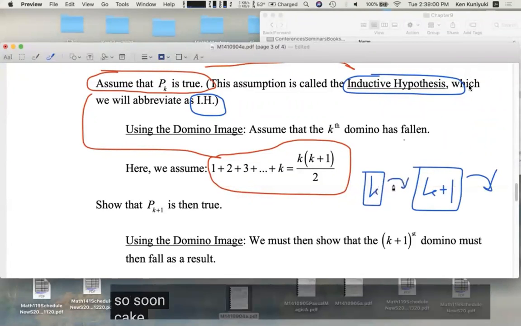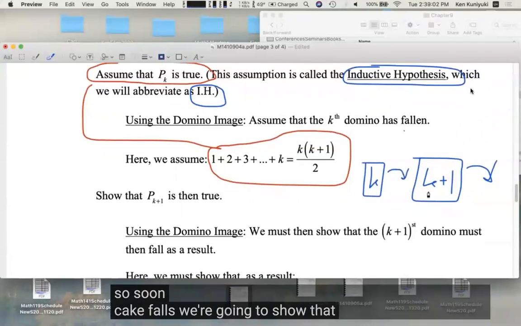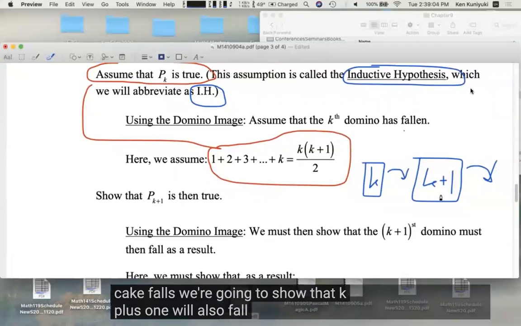So assuming that domino k falls, we're going to show that k plus 1 will also fall, presumably as a consequence of domino k falling.